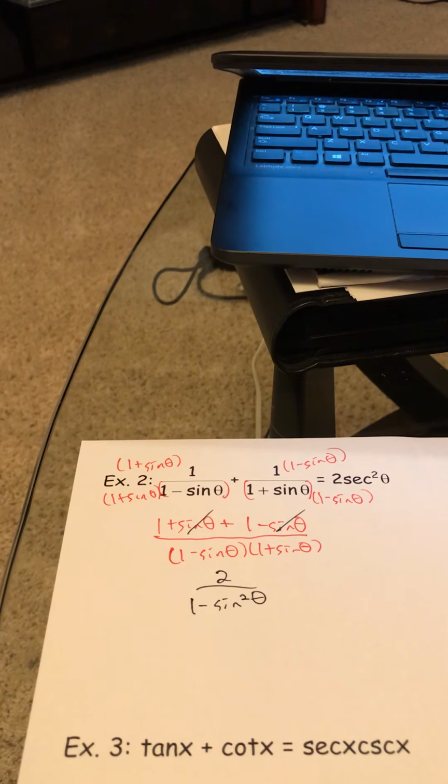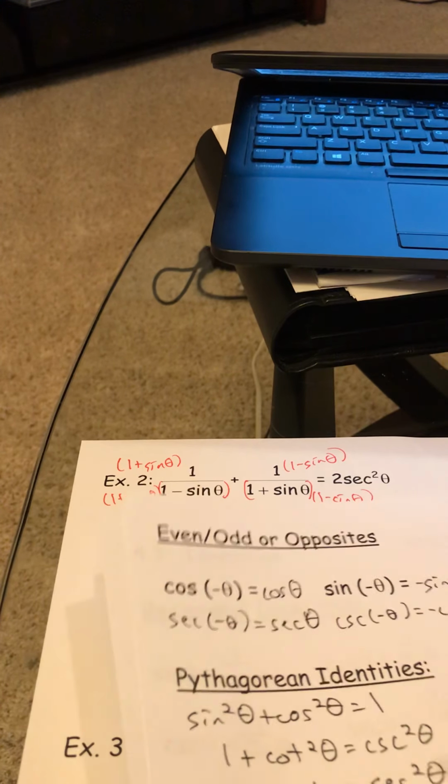And now, our final step here for working with our denominator, again, when we have 1 minus sine squared theta, once again, that's where we're going to use some form of a Pythagorean identity. As I've mentioned, a lot of different ways you can work with this. I always prefer to just use what you're given.